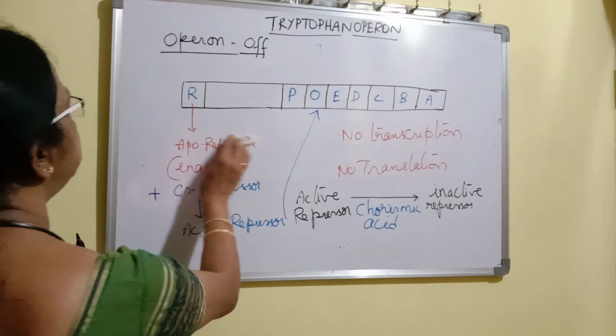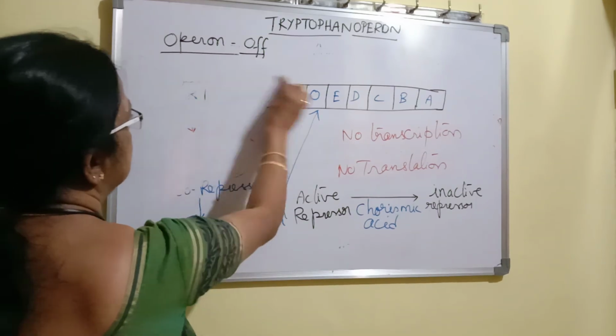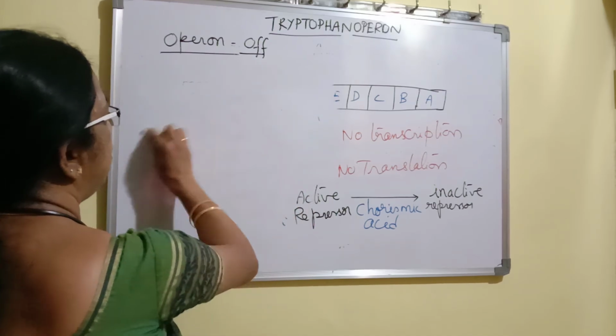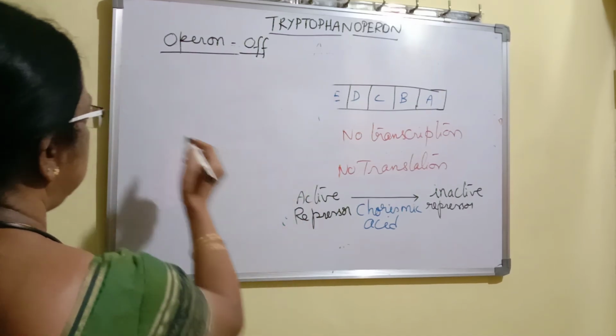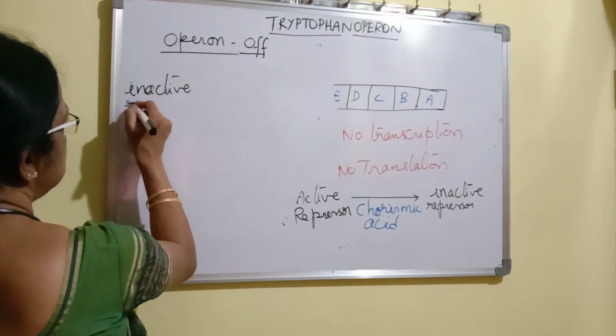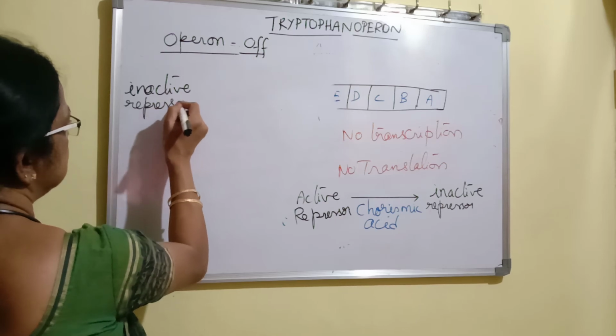The same thing, suppose we take how inactive repressor is converted into active form. If inactive repressor is present, what is inactive repressor? It is aporepressor.